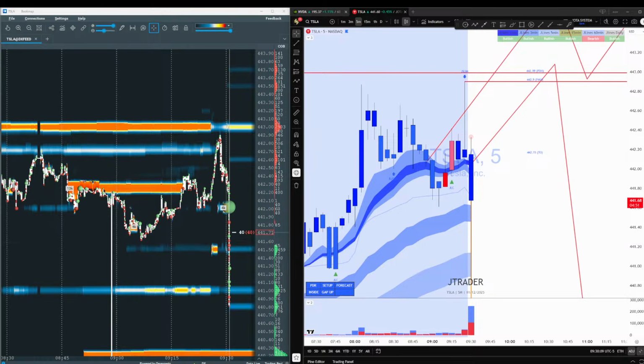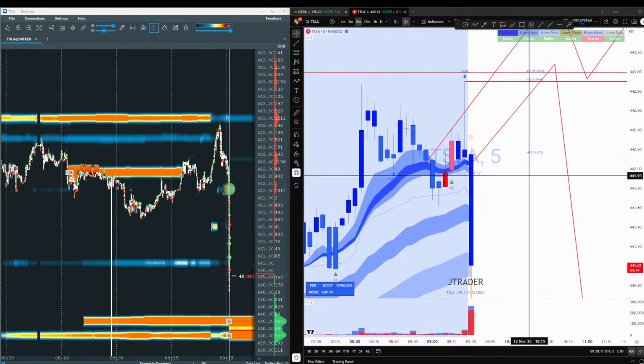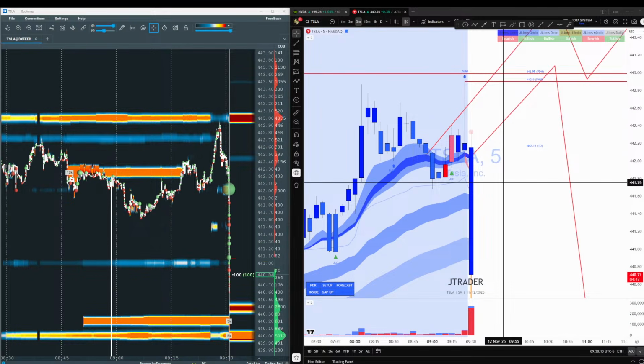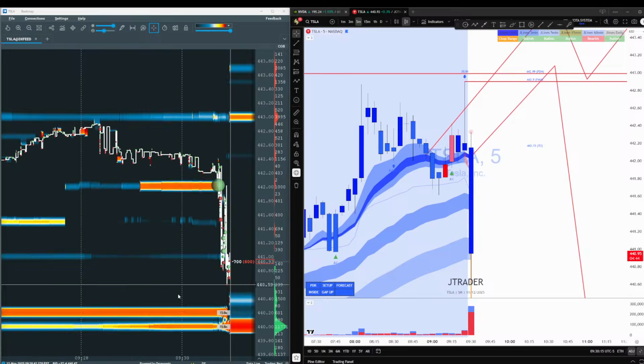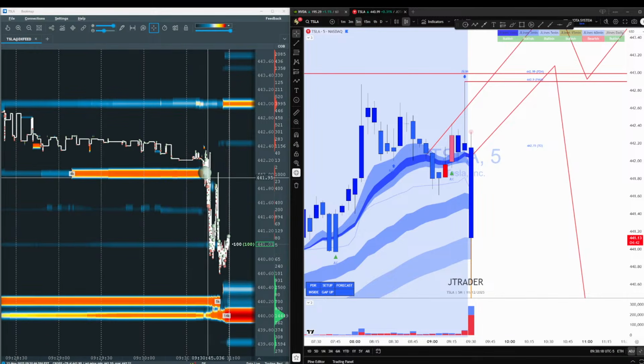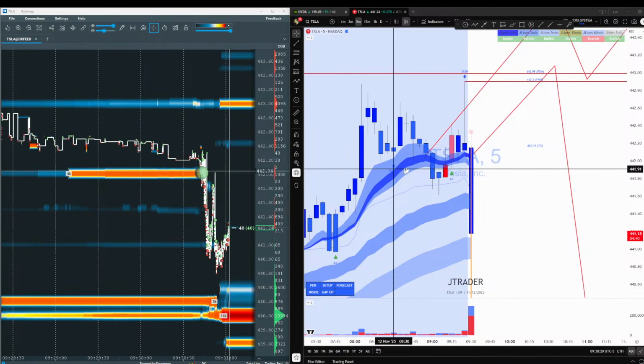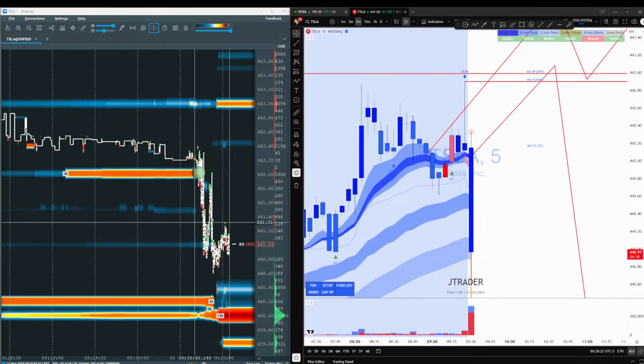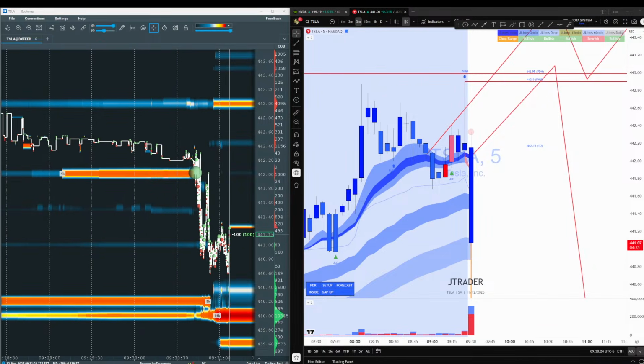AMD is popping. Tesla popping, fail. This right away is a short play, so fast. You can see it broke down the 442. Right away over here it gave this fake out. This is already our short play over here. So this is a short Tesla.